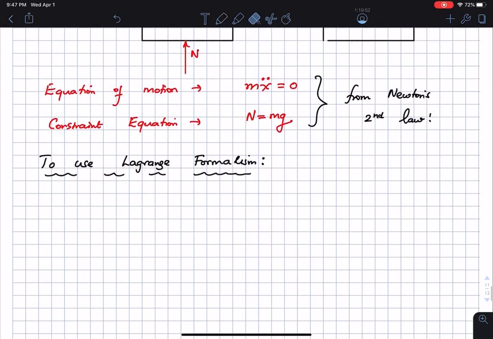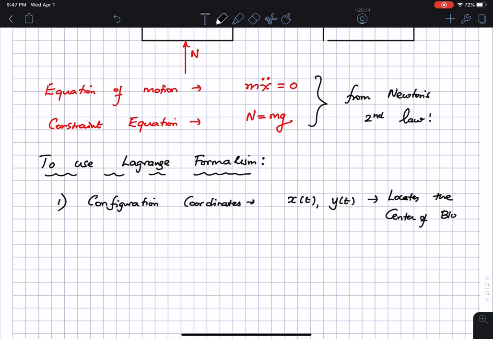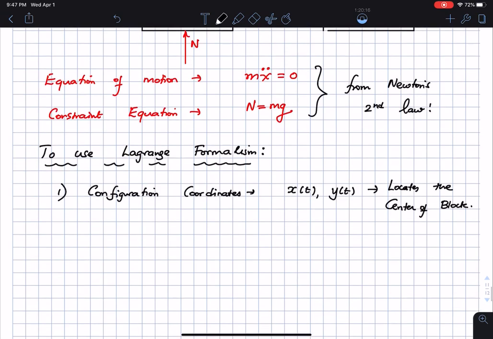We first look at the configuration coordinates. These are x of t, y of t, so they help locate the center of the block.